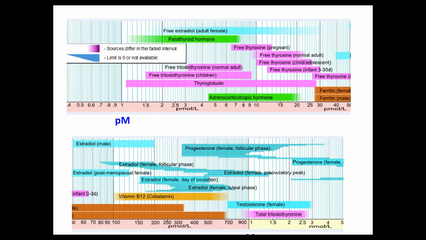At the lower end, we start at 1 picomolar concentration. There are a number of hormones in this very low concentration range. The color bar displays concentration range of a compound, in some cases protein. We then go to nanomolar concentration.